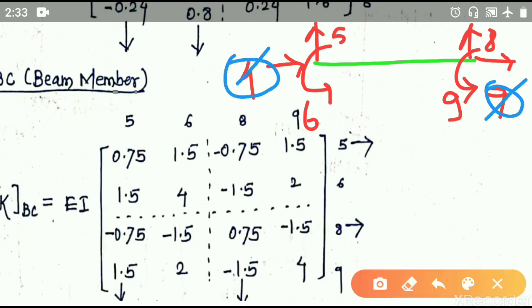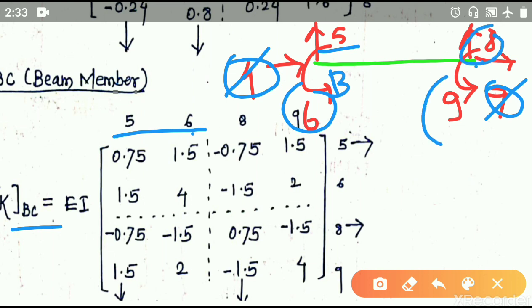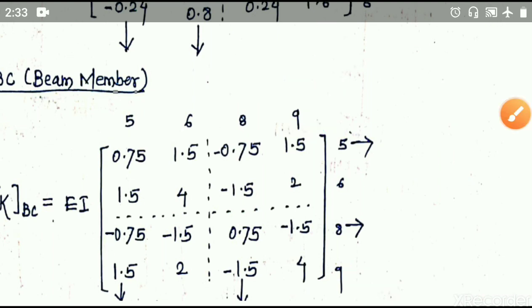You have to neglect that from BC, because this matrix neglects the axial deformation. So 4 and 7 are neglected here, and the numbering is: at first joint B, 5, 6, and at joint C, 8 and 9. So 5, 6, 8, 9. This way it is written here.